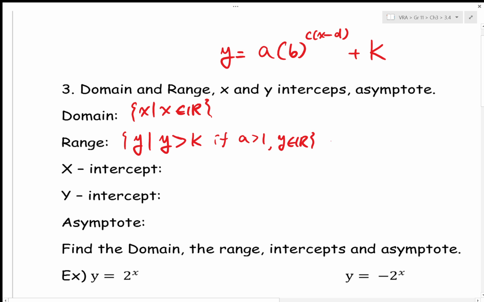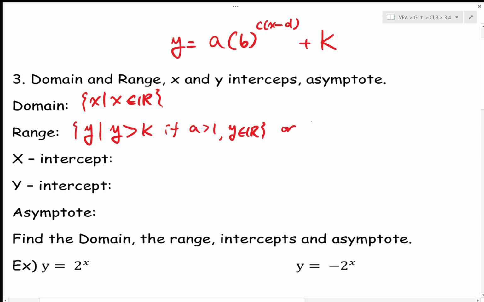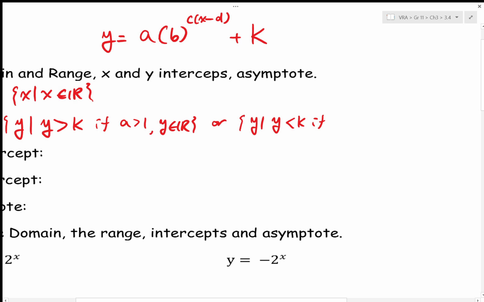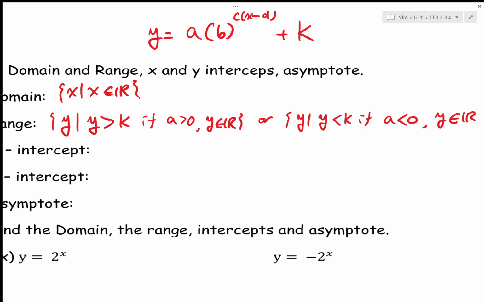Or y such that y is less than k if a is less than 0. And y is an element of the real numbers otherwise.